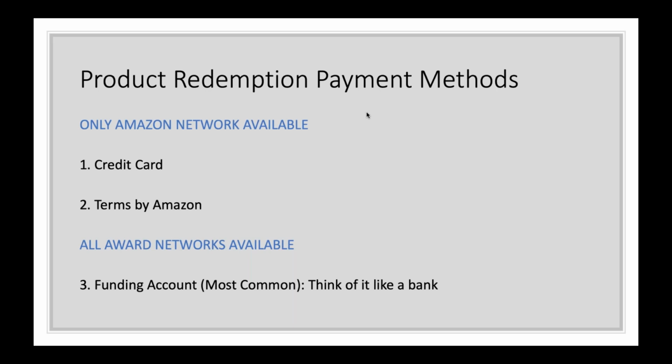Otherwise, they'll bounce. Similarly, as you award points in your Awardco account, you have to have enough money in your funding account in order for products to be purchased when points are redeemed. This is an important key, and we'll talk more about this later, but just remember that.